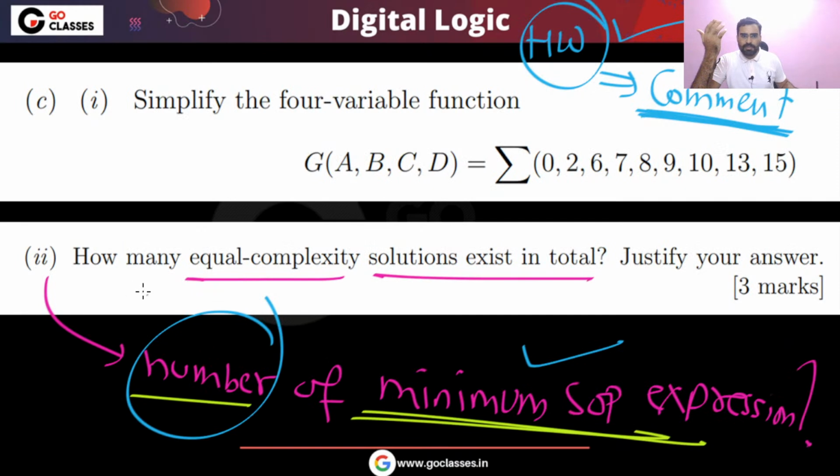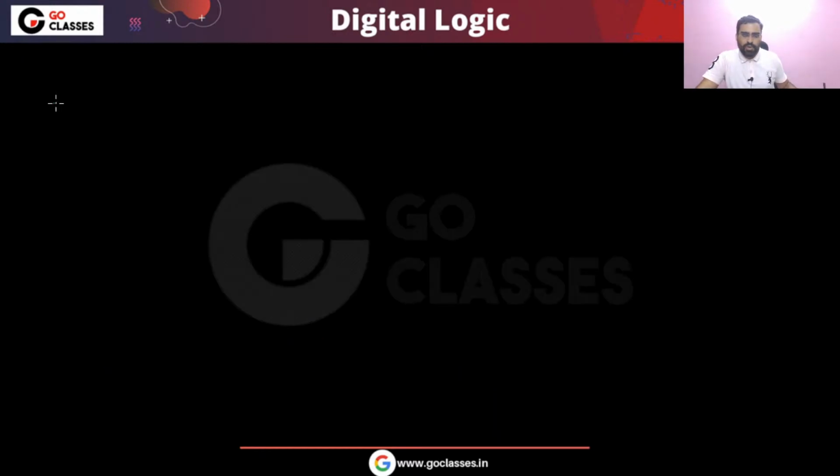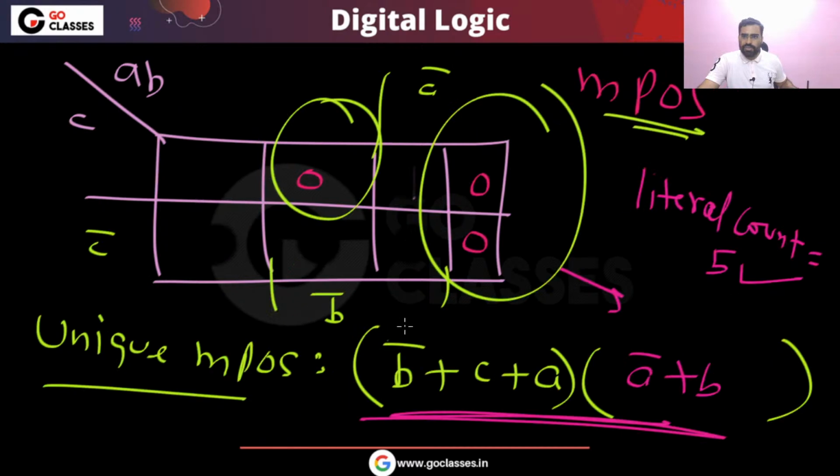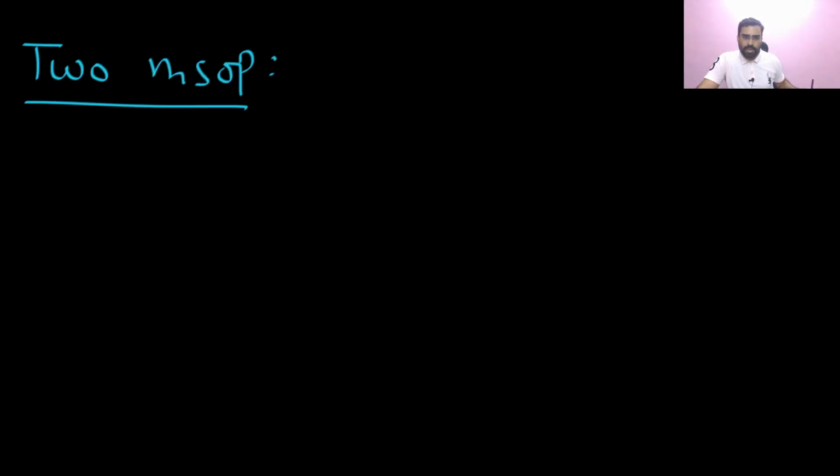And the second part is very simple. How many equal complexity solutions are there? It means how many minimum SOP expressions are there? This is the idea, Nikhil. What does this mean? If I give you 2 expressions, like in the previous question, there you have 2 minimum SOP.